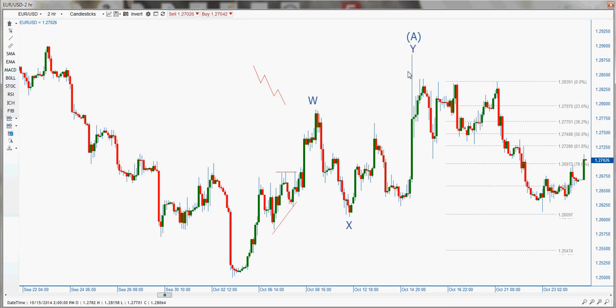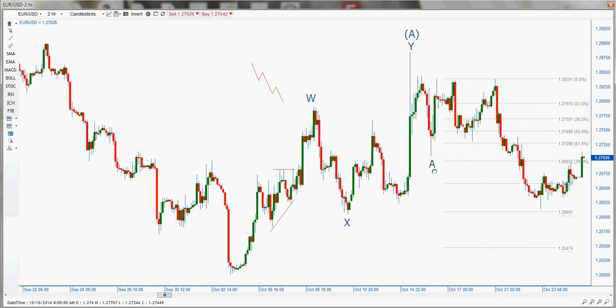Complex correction to complete wave A. Simple correction to complete wave B. Once again, 3-wave move down in A, 3-wave move up in B, impulsive wave down in C. This larger 3-wave move in turn completes wave B.